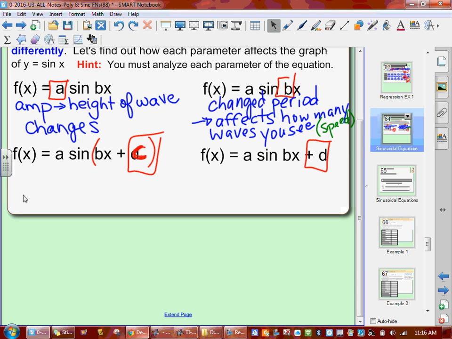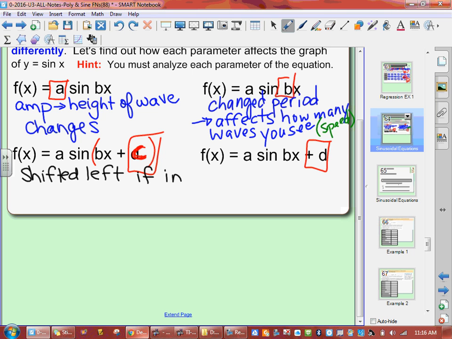The C value shifted left if, in brackets, it's a positive number.